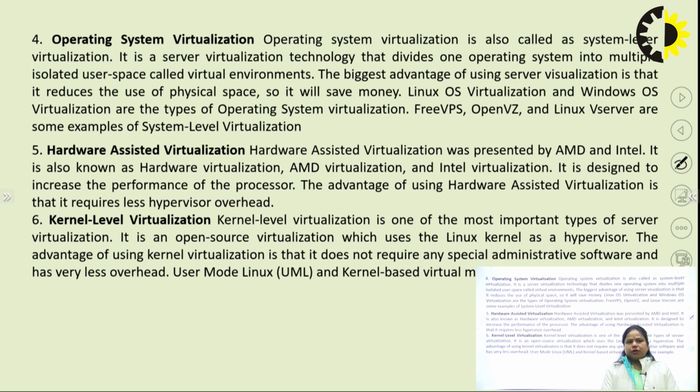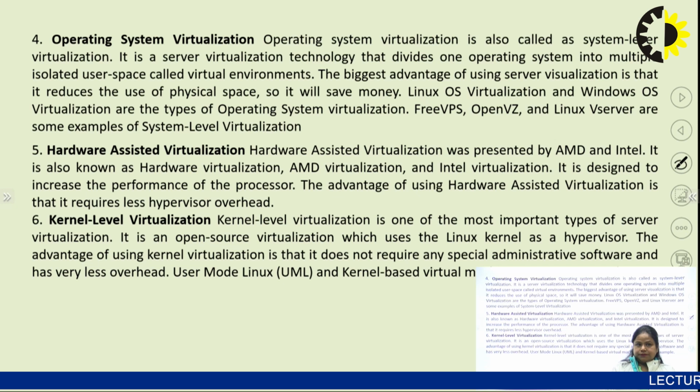To create a virtual environment, we create a single system-level virtualization, which is divided into one operating system through which we have created a user space or virtual environment on the different operating systems. The advantage of using a single virtual operating system environment is that it reduces the use of physical space. It saves money, fine.